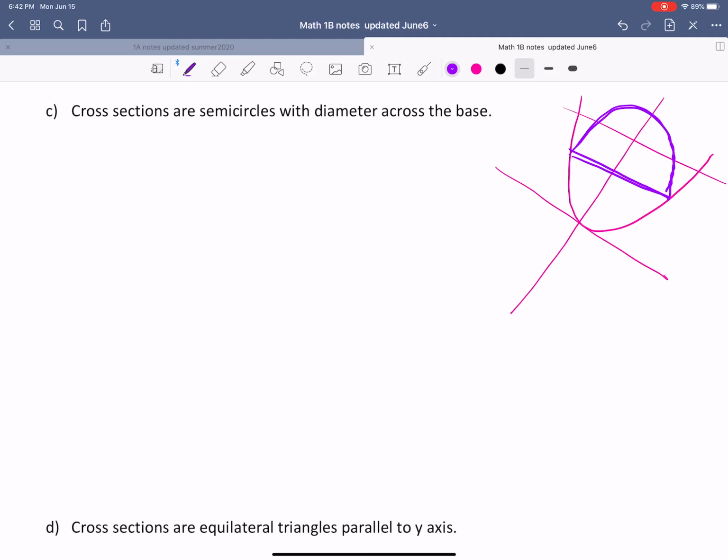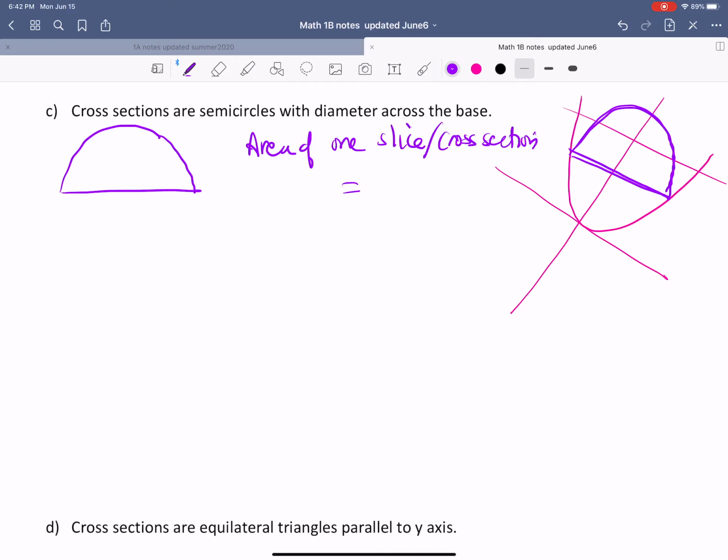Okay, so my goal is to find the area of one slice, area of one cross section. It is going to be pi r squared divided by 2. What is the radius? If you look at it carefully, this is the radius, and we did find out earlier that the radius is square root of y.